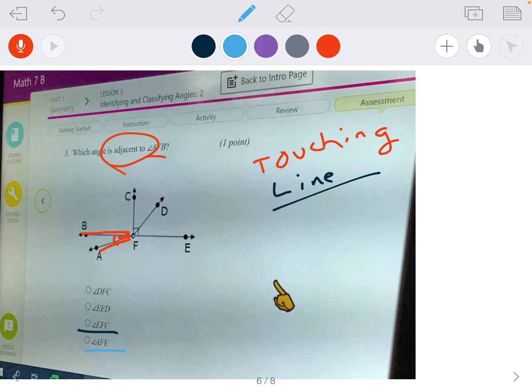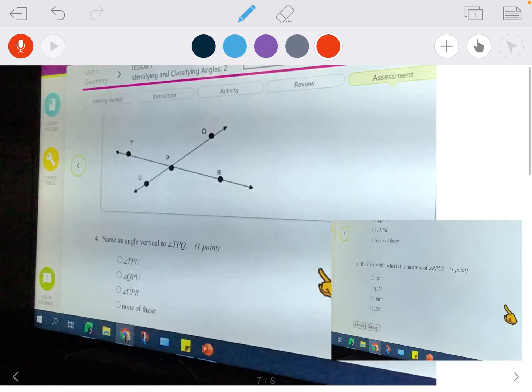So I put my pencil on A, F, E. So does angle AFE and angle AFB share the same line? You make your call here. If you were paying attention, I kind of gave you an answer there. Shares the same line. And in geometry, you may not like it, but you have to draw pictures. Sketch them out on your screen.